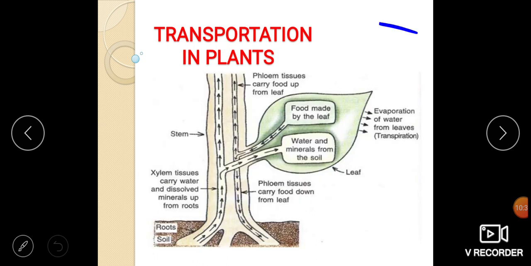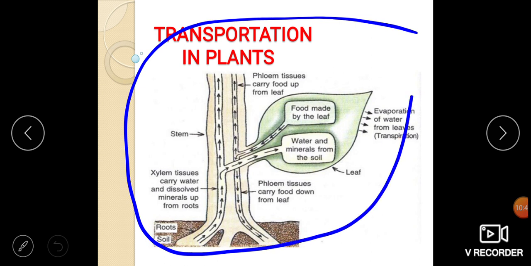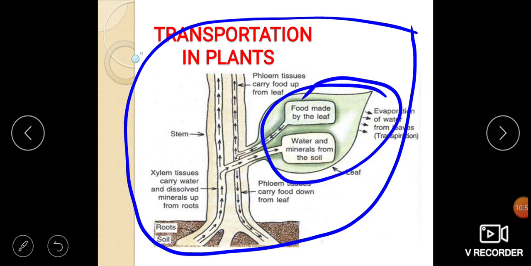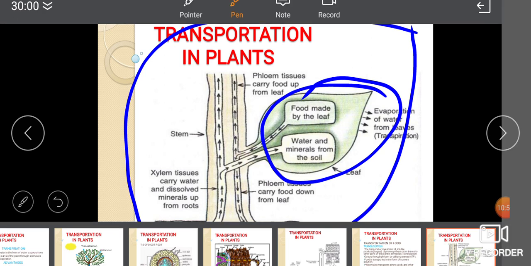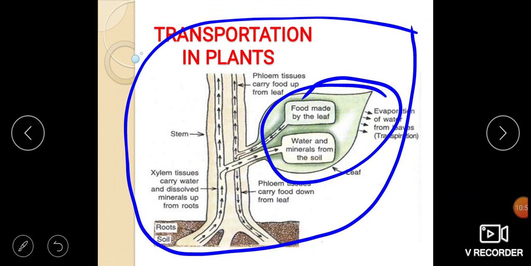At last, you can see in this diagram the unidirectional movement of water and minerals through the xylem, as well as the bidirectional movement by means of the phloem. Here you can see the arrows showing downwards, and here the arrows pointing upwards.